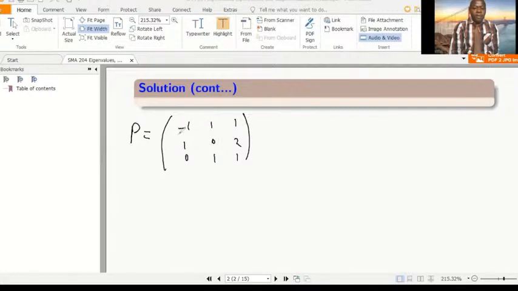Now, what would be D? D would be the diagonal matrix formed. What was the eigenvalue for this eigenvector? It was 6.